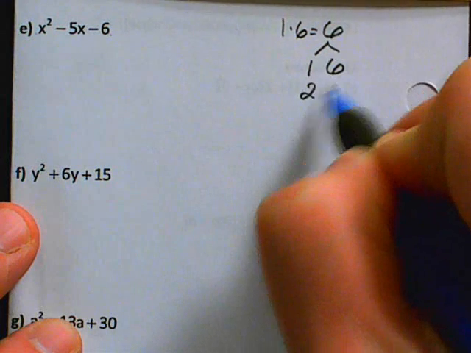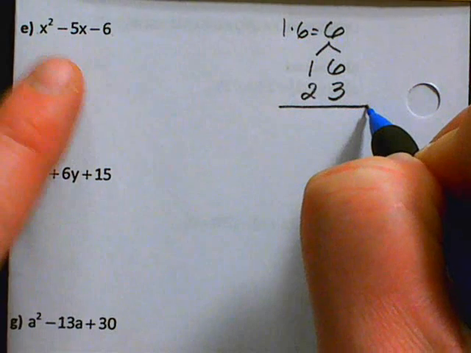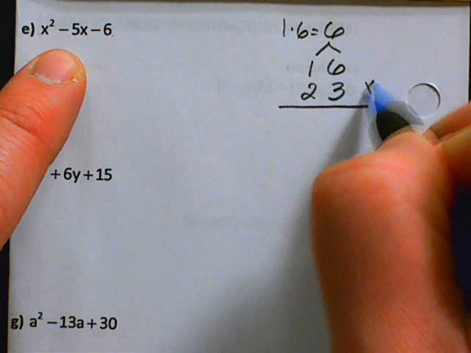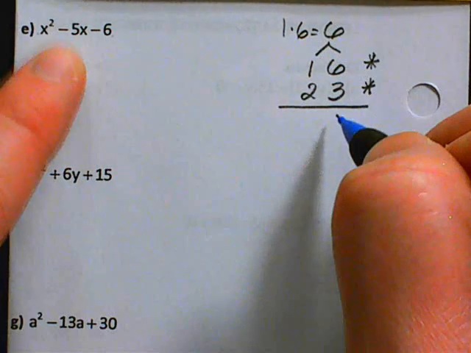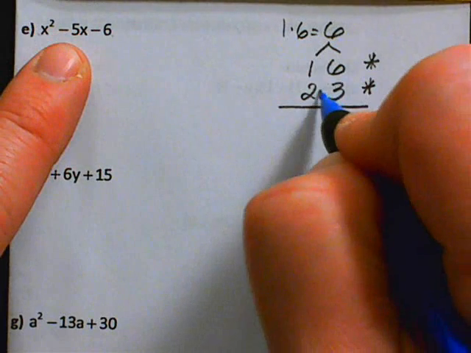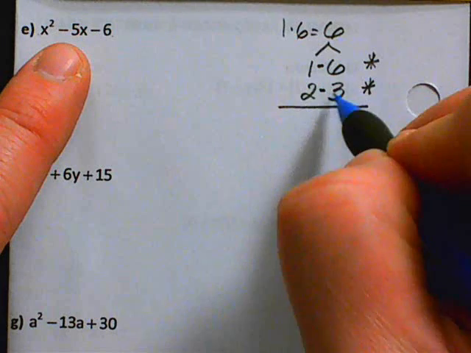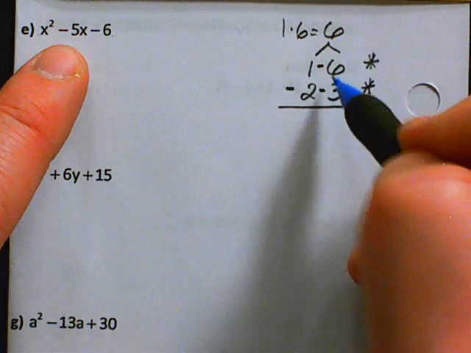Because the middle term is negative 5, both of them give me 5, so I select both. And the middle term is negative, so the biggest digit will be negative. And to give me a negative 5 here, I'll need this 2 to be a negative. And to give me a negative 5 here, I would need the 1 to be a positive.